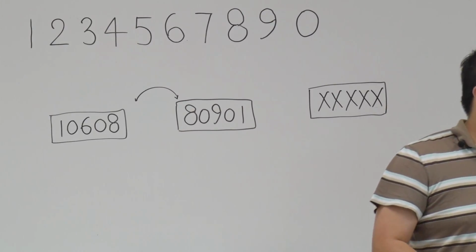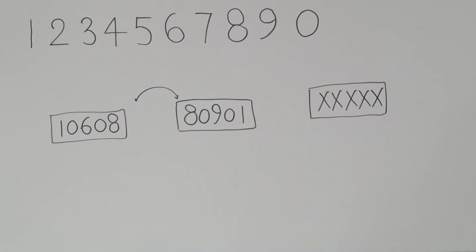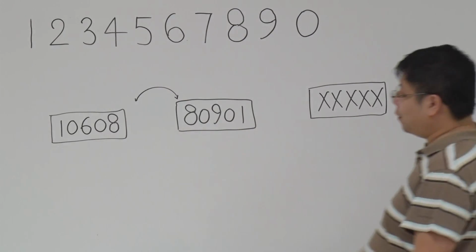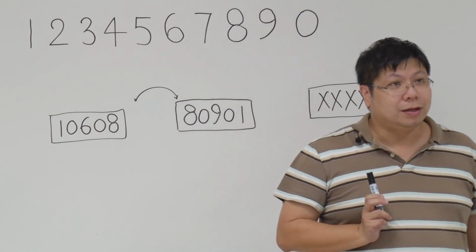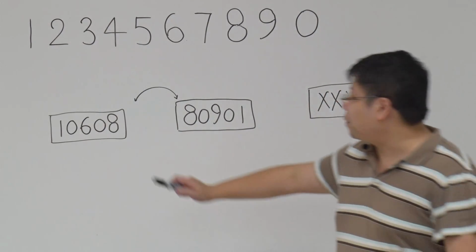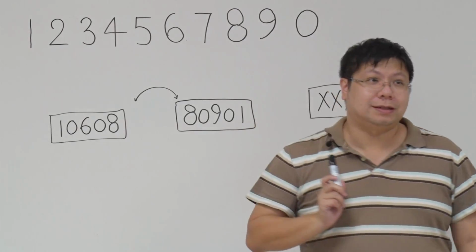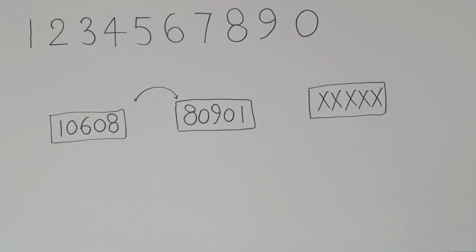How many distinct license plates can we get? We don't want a plate for this one and a plate for this one, because these two are considered equal. They're the same. So if we have a plate like this, we should not have a plate like this. Is that okay?